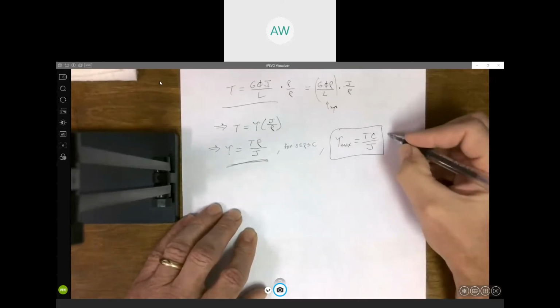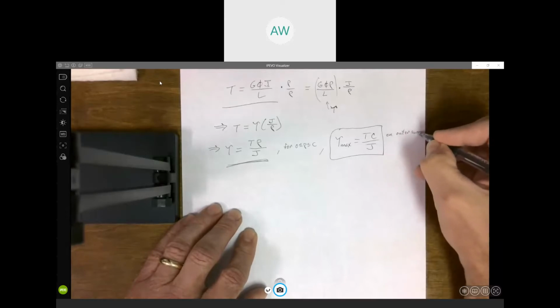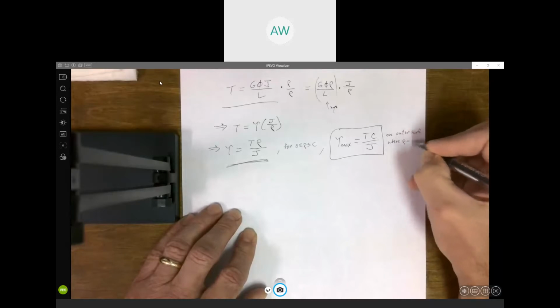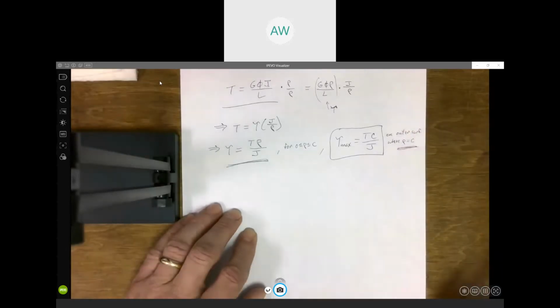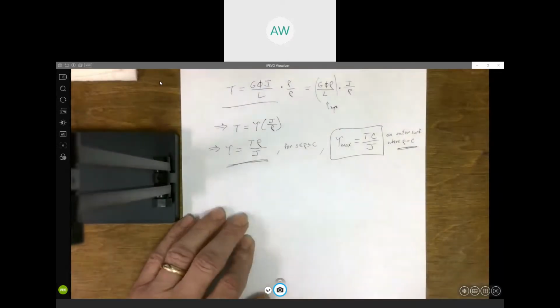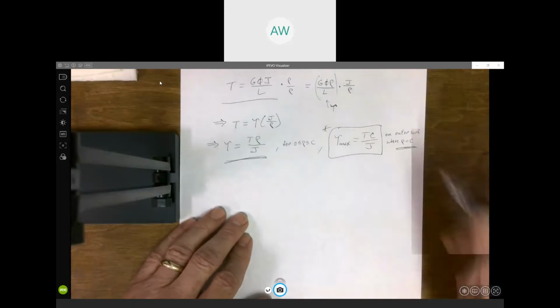And again, this would be on that outer surface, where rho is equal to the radius of that circular cross section. That's where our maximum shear stress is going to be, and this is how we can calculate it.